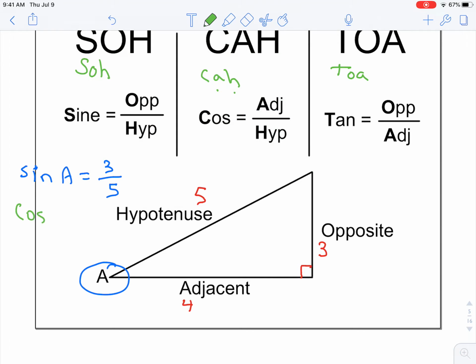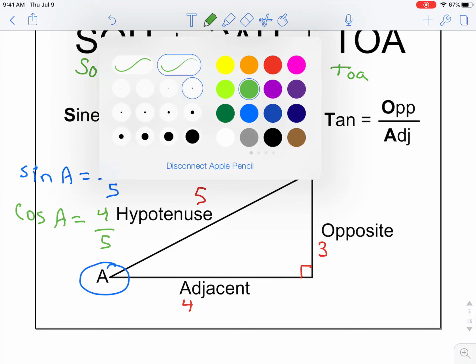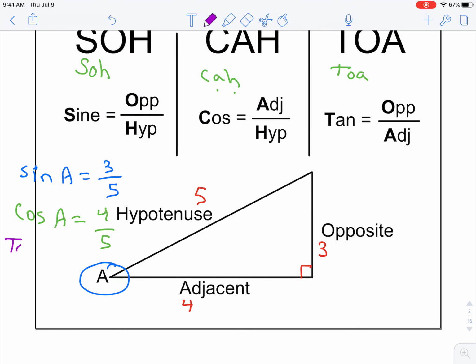Our cosine ratio for angle A is the adjacent side, which is 4, divided by the hypotenuse. And our tangent ratio for angle A is the opposite side, which is 3, divided by the adjacent side, which is 4. So that's what we're talking about, those ratios.